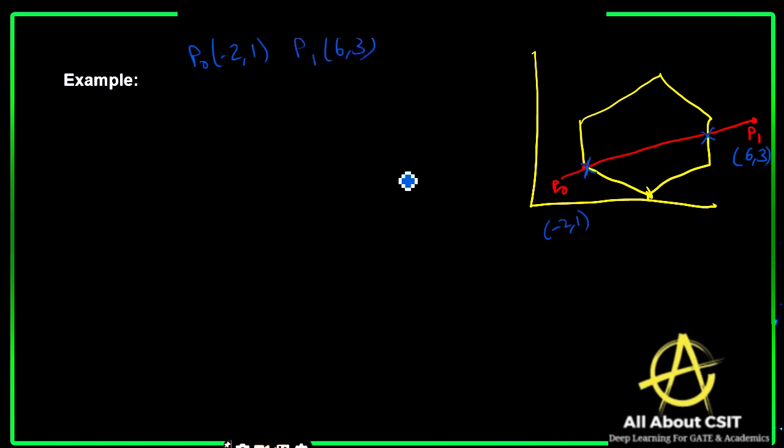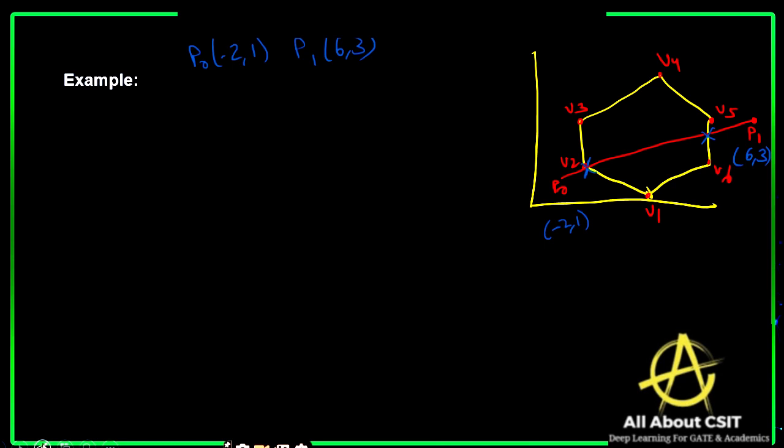So let's consider the vertices. This is V1, and this is V2, V3, V4, V5 and V6. These are the vertices. Now I have to find the normal vector. The normal vector is n.